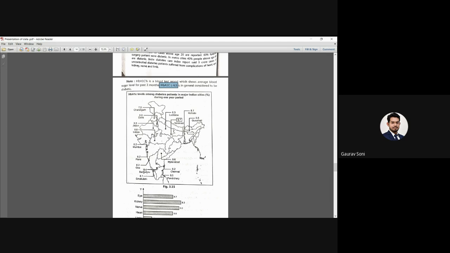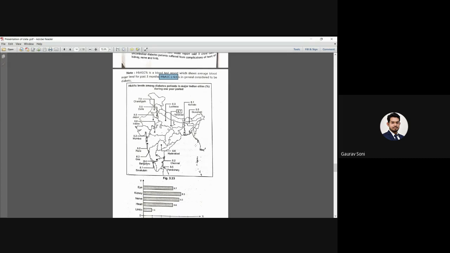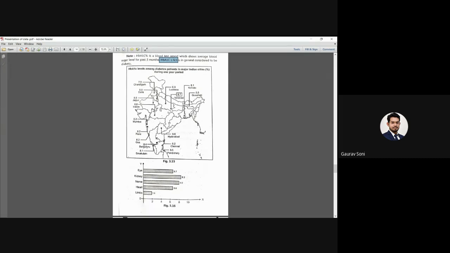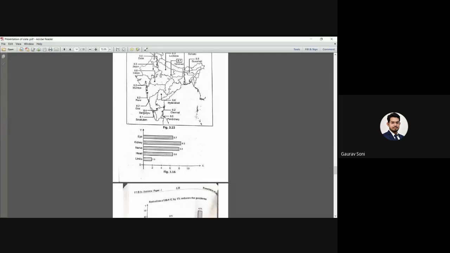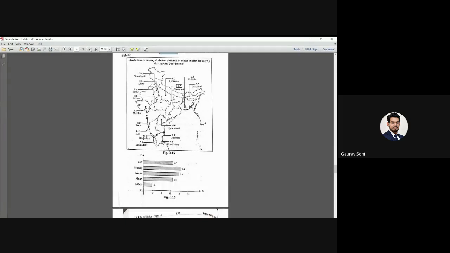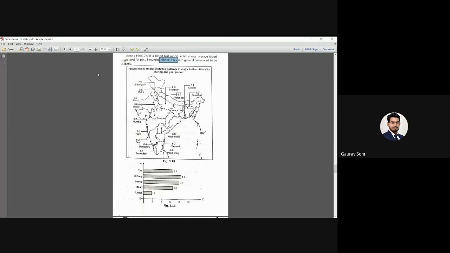So these are the levels of HbA1c in the major cities of India, and there are the charts. So I'll go for the questions now. Name the top 5 cities with highest HbA1c levels.